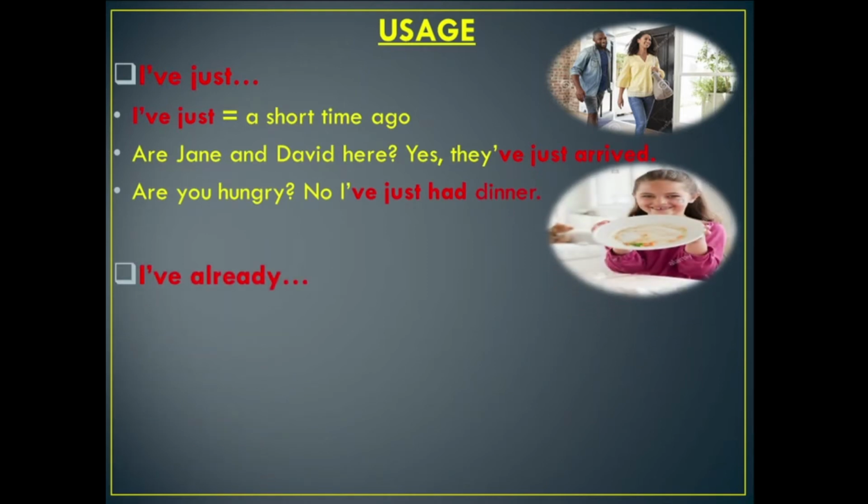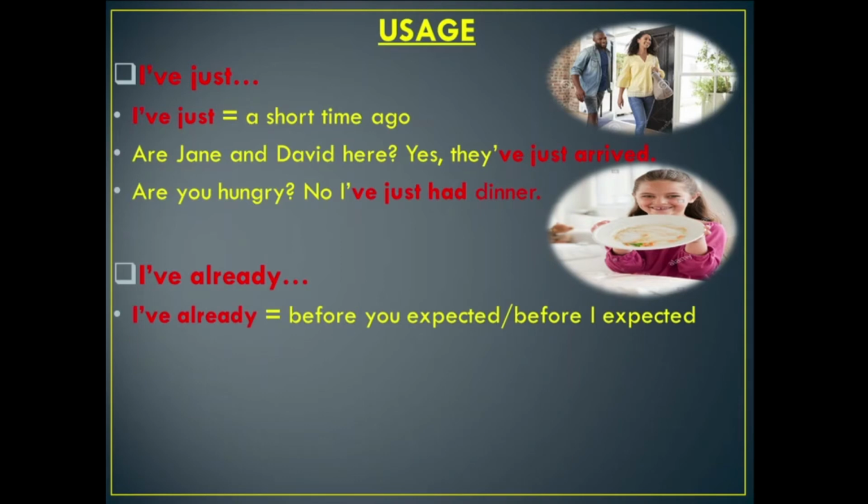And I have one more here: I have already. Already is important, and you must have used it several times. Already has to do with things happening before you expect. Think that your friend is coming from Chennai to Pudukkottai, or Chennai to some other place, and it takes 8 hours. So think that he or she starts at 10 o'clock at night, and in the morning your friend will reach at 6 o'clock.